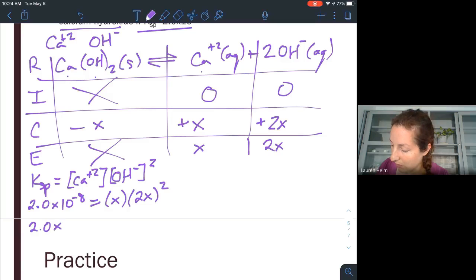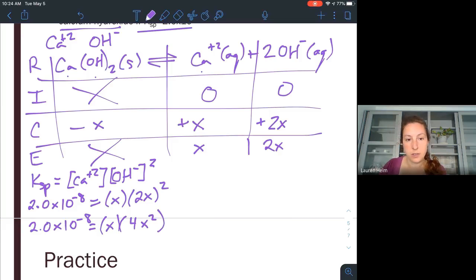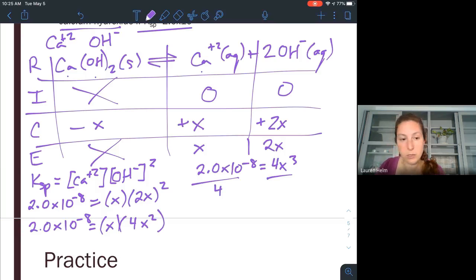So 2 times 10 to the negative 8 is equal to x times 2 squared is 4, x squared. Now I get 2 times 10 to the negative 8 is equal to 4x squared times x is 4x cubed. I can divide both sides by 4. I get 5 times 10 to the negative 9th is equal to x cubed.